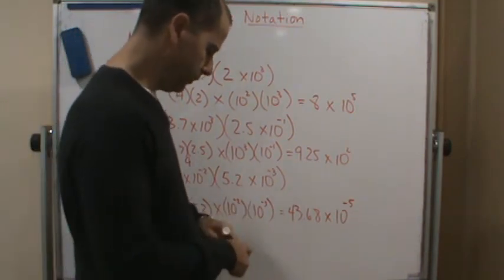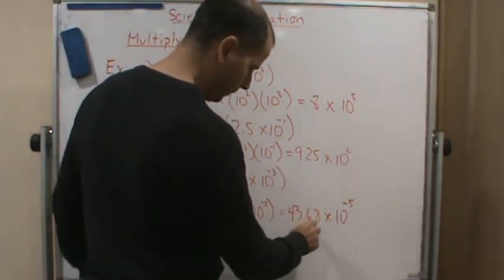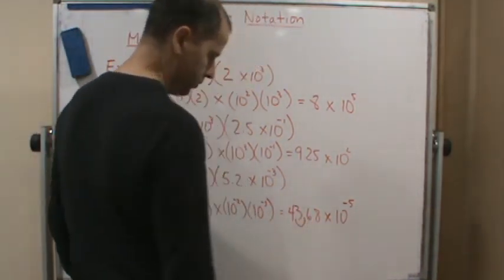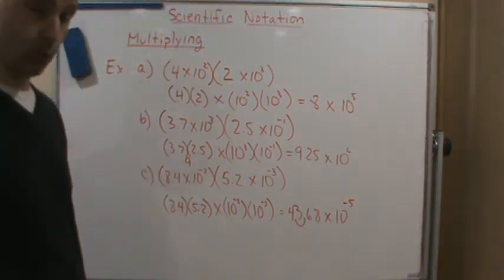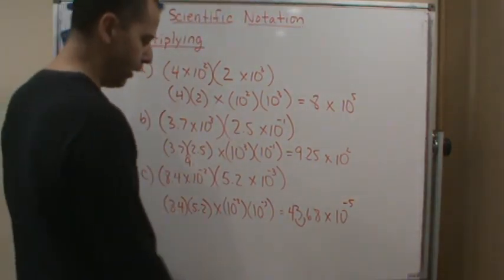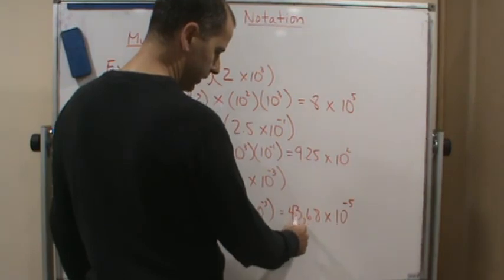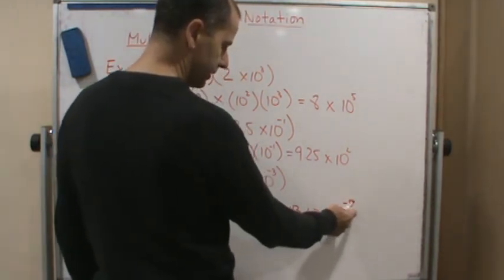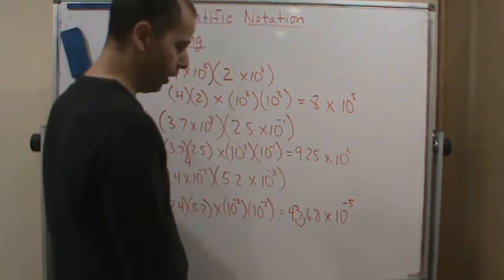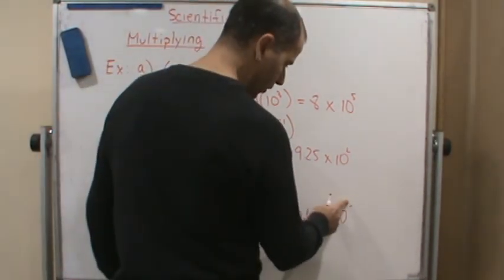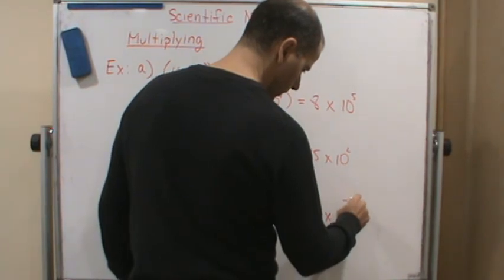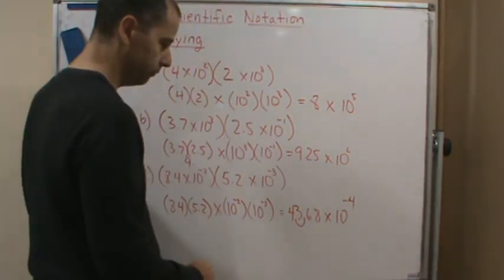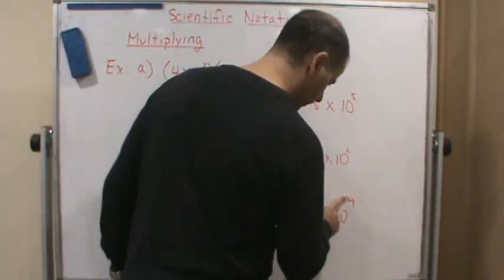So I'm going to need to move the decimal point over to the left 1 place. Now, if I move the decimal point to the left 1 place, that means I'm going to have to increase the exponent by 1, which means this is going to go to a negative 4, right?